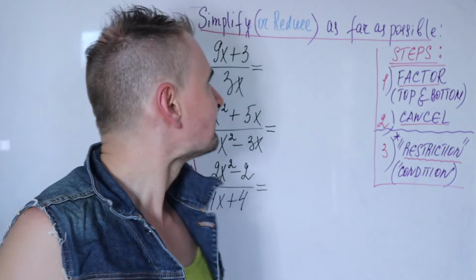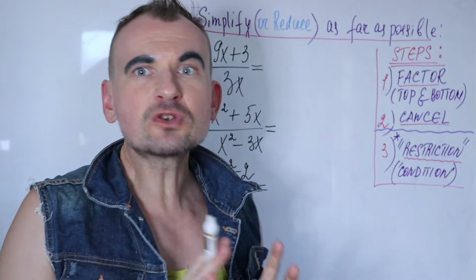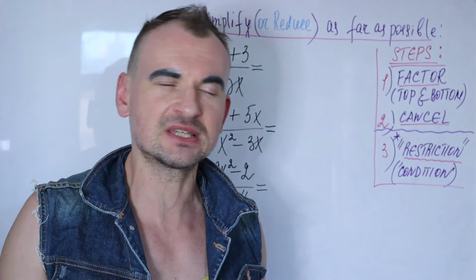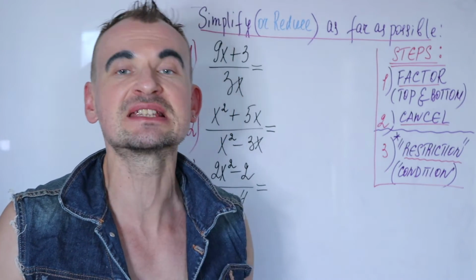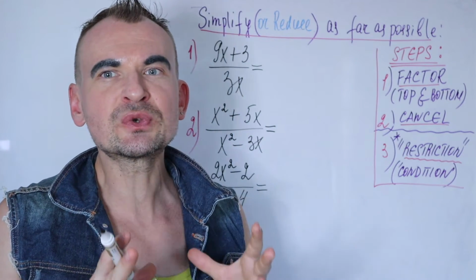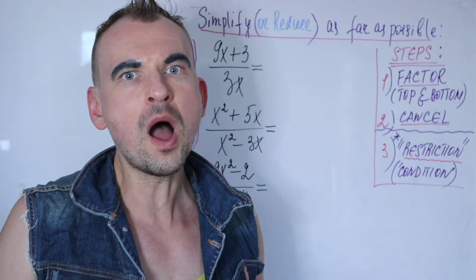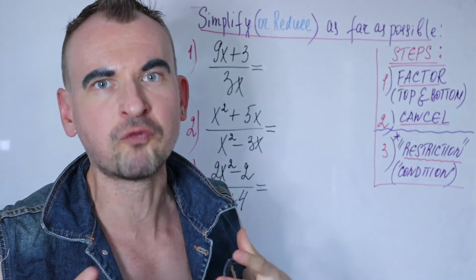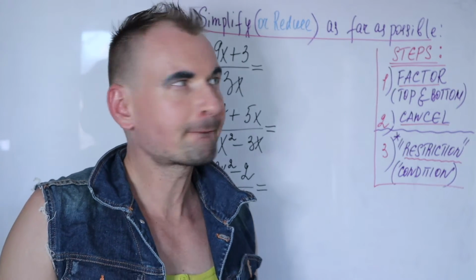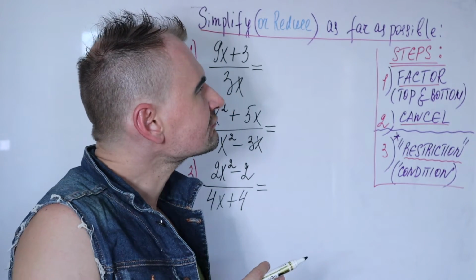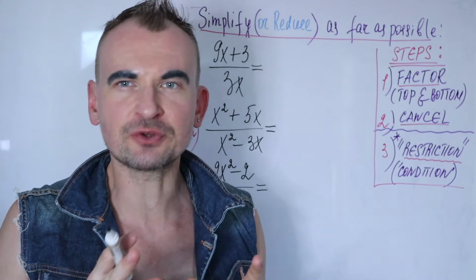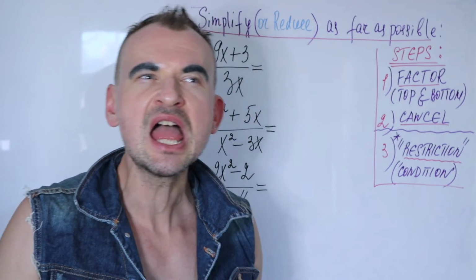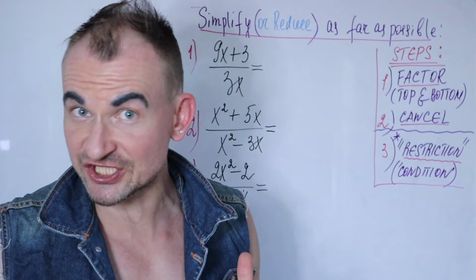Now, the most common problem that comes up with rational expressions is how to simplify them, or how to reduce them to their simplest form. Well, the process of reducing or simplifying is very similar to what you do with fractions.